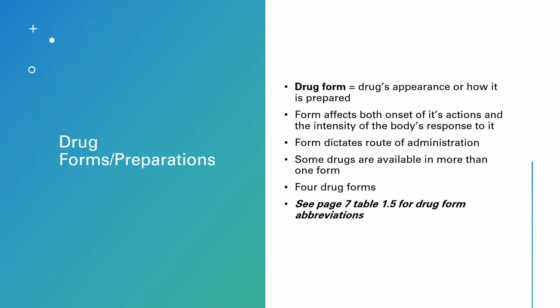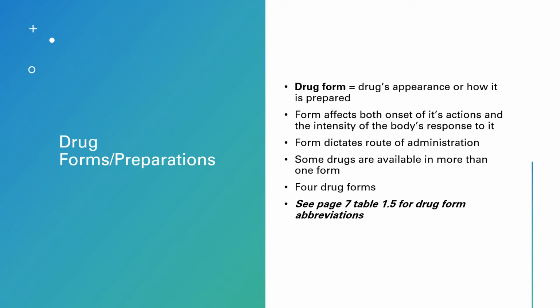Okay, some drugs are available in more than one form. An example of that would be our 2% lidocaine, which is a local anesthetic. It can be in a jelly form for topical administration, or it can be a solution of various strengths for injection. There is a table, table 1.5 on page 7 of your text. That is a great table to note and study as well.